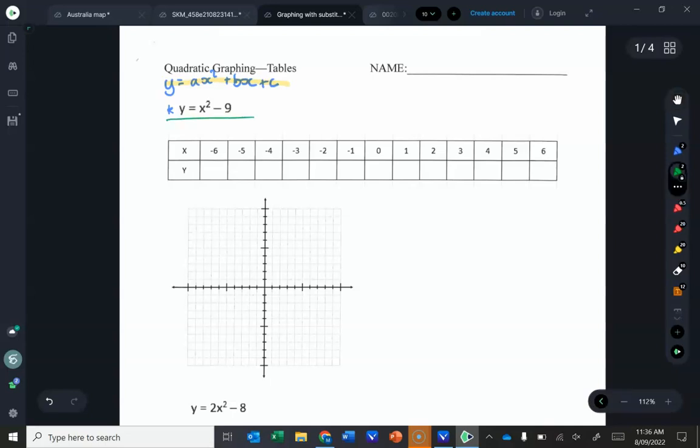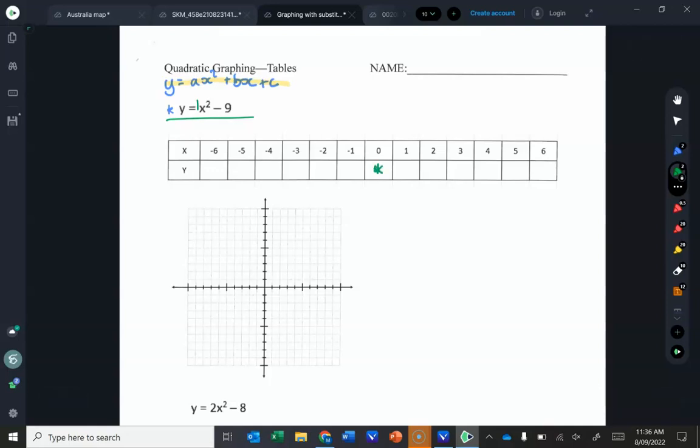It's got an A value of 1, it's got a C value of -9, but it doesn't have a B value. So immediately when I see this, I know that it's going to reflect about the Y axis. So what I do when I start these, and I generally do this even if I think it's going to shift, is I start in the middle here at 0.